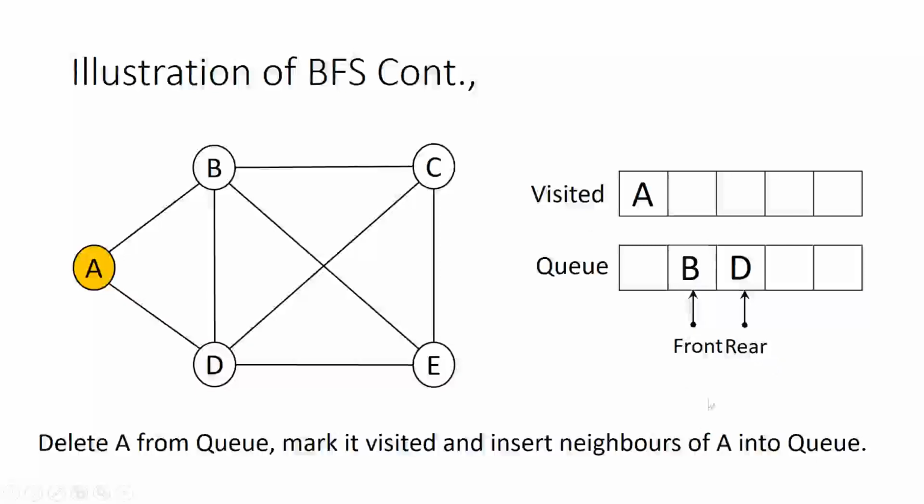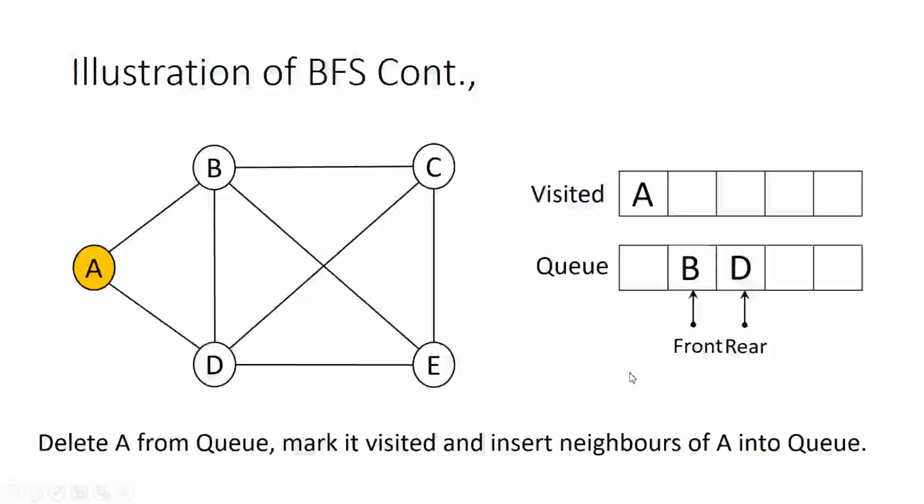Because we always delete elements using the front pointer, B will be pushed to visited. When deleting B from the queue and inserting it into the visited array, the neighbors of B should be inserted into the queue. The adjacency nodes of B are C and E, so those will be pushed.